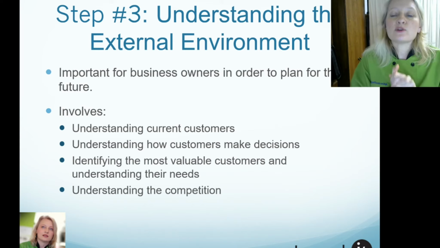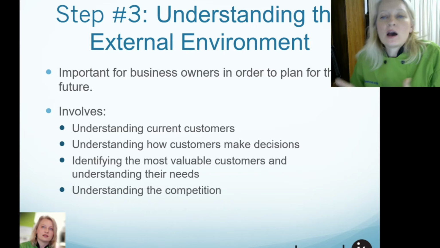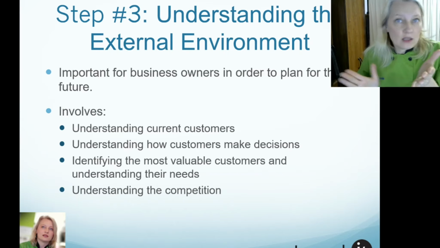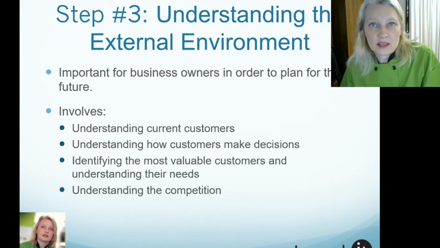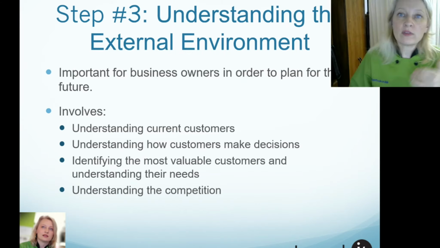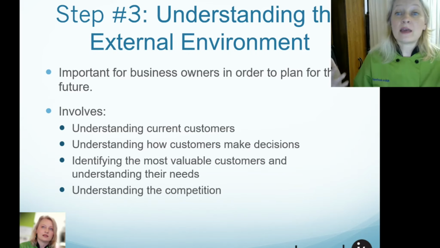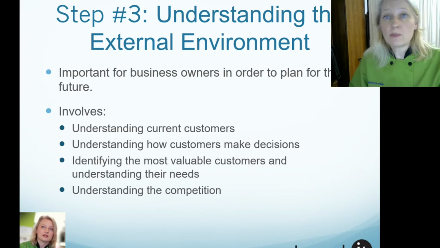Understanding how customers make decisions. Again, I'm going to give some health-related examples. Is it because they're looking at certain health benefits? Is it because they like a certain size? The convenience of it, where they're buying it is more convenient than another location. Is it that you deliver faster than anybody else?